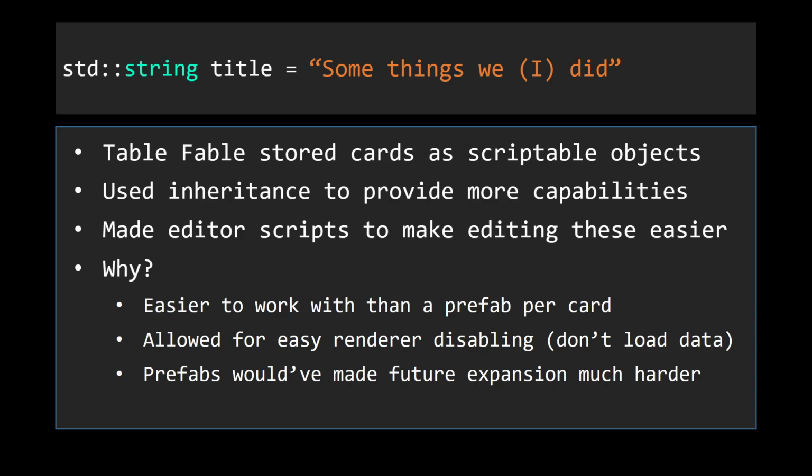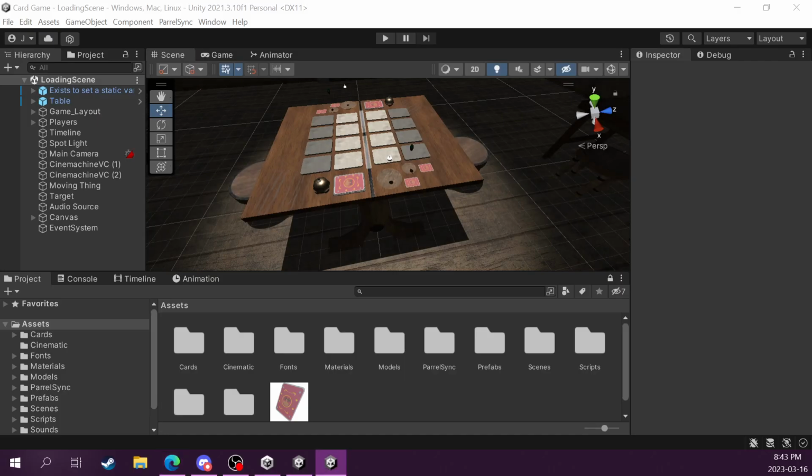So do keep that in mind. Retrofitting this kind of stuff, not very fun. And also, we had a lot of cards. Every time we wanted to change how the systems work, we only had to change a scriptable object, and then the card class would just deal with the functions we wrote. And that made for a lot easier expansions whenever we updated the game with new features.